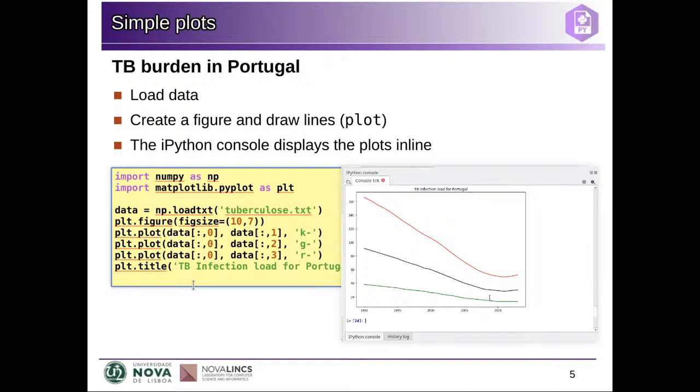If you want to show the plot immediately, you can add the show here. So then you will show the plot in the IPython console when the show command is executed. But in this case, for this script, this will not make a difference, because show is the last instruction and you just see the plot there.